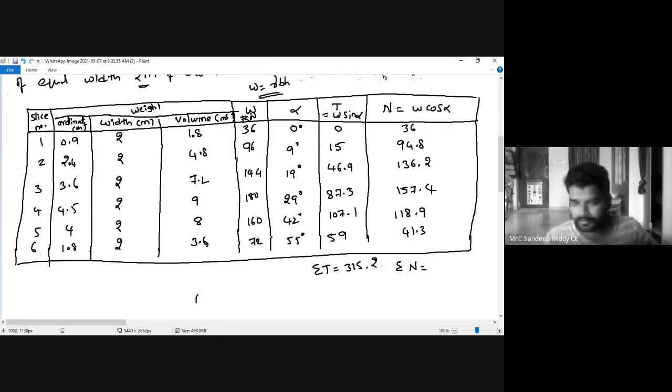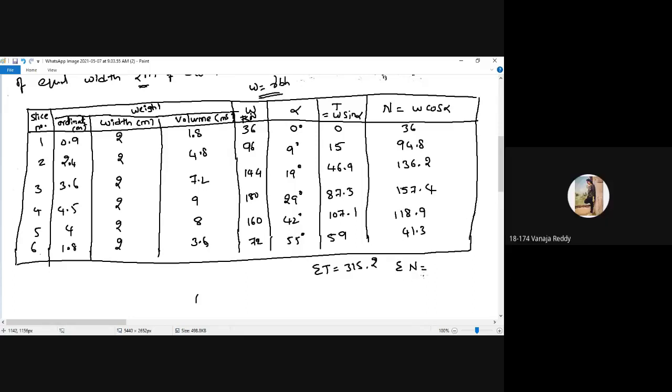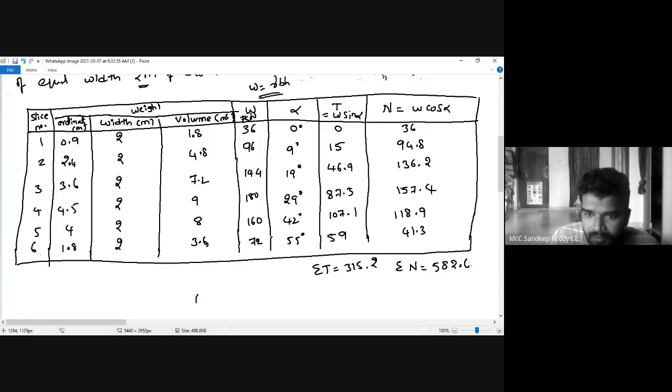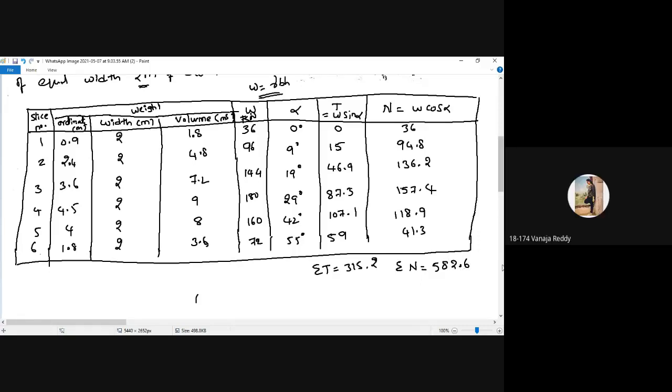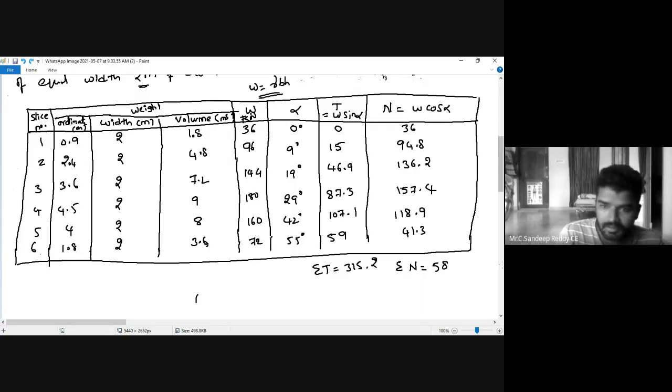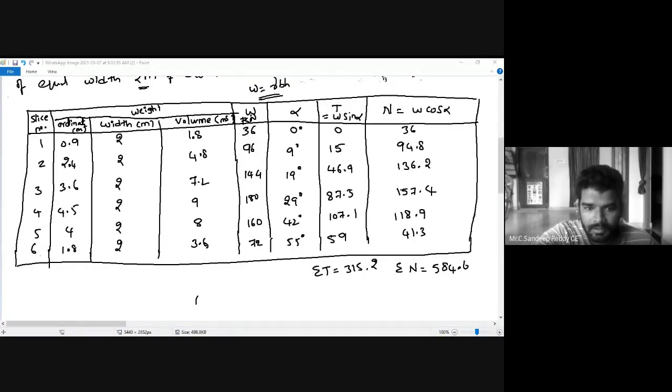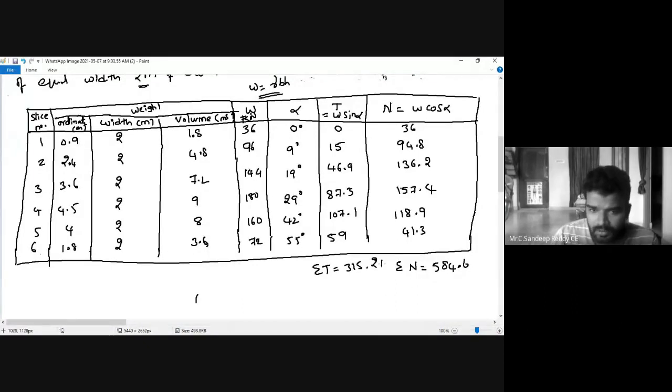Then sigma N. 584.6. Right, so this is the value of summation of T and summation of N. This is in kilonewtons. Don't forget to keep the units.